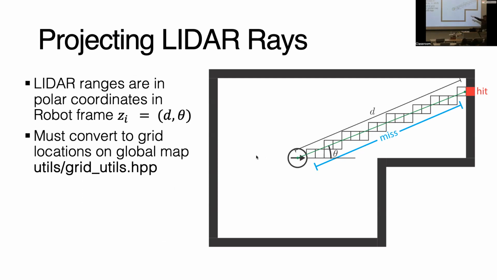And we give you a set of utilities for converting between poses and occupancy grid map locations in the file grid utils in the repository. All right, so that's all handled for you. But we have a hit, and then we need to update all of these misses. And then we'll step through all of the rays for every single LiDAR scan we get.